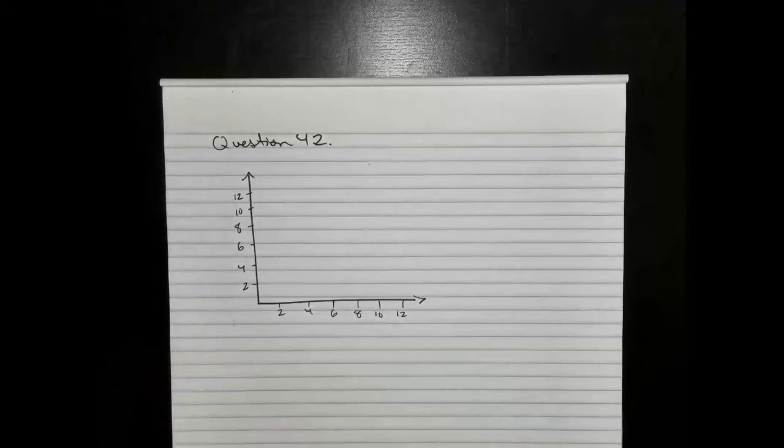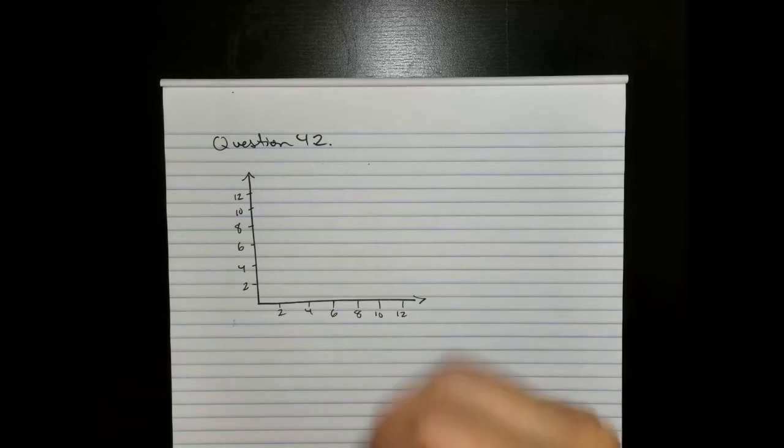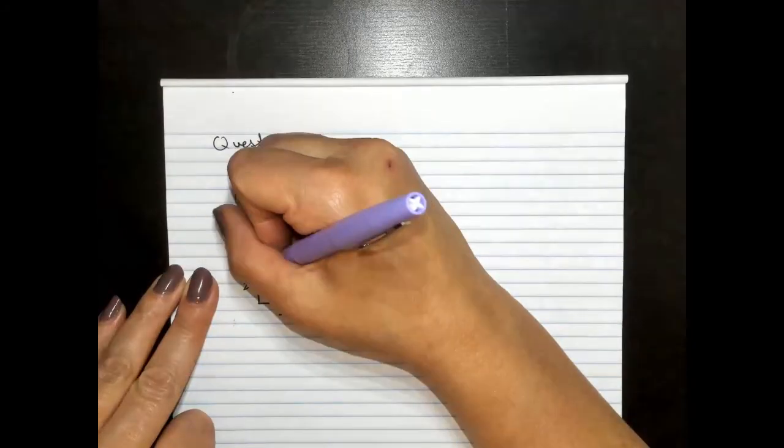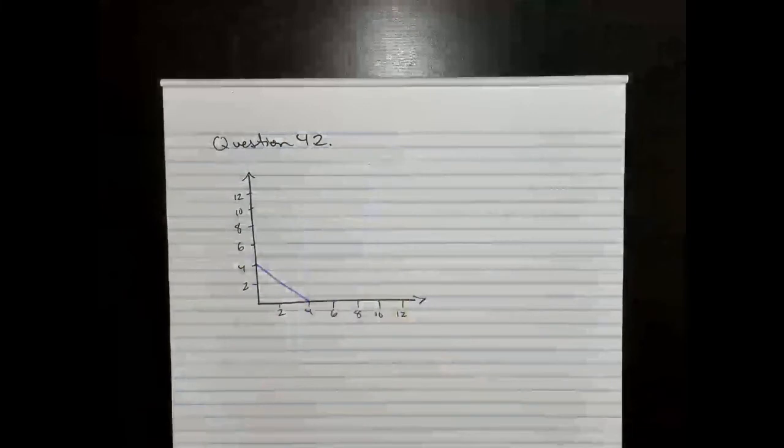So I've got my first PPF is going to be from Hill, who's going to have a production possibilities frontier going from, let's see, 4 to 4. So that's the PPF for that individual.